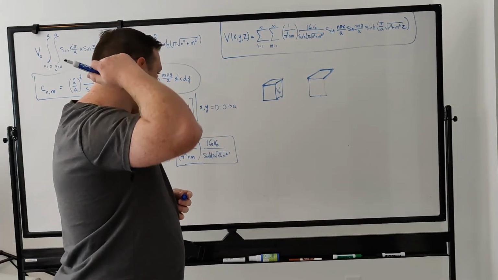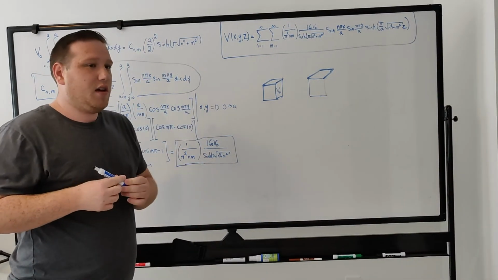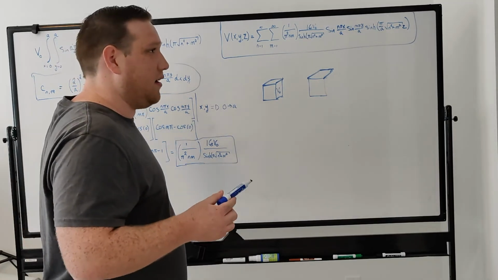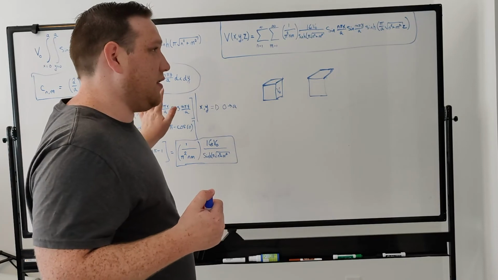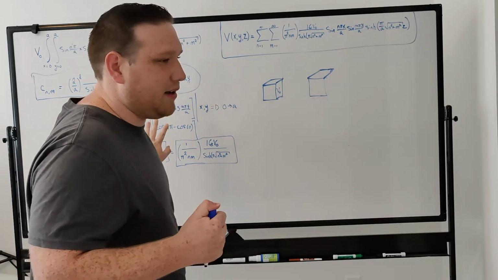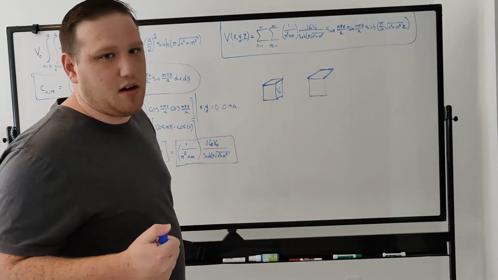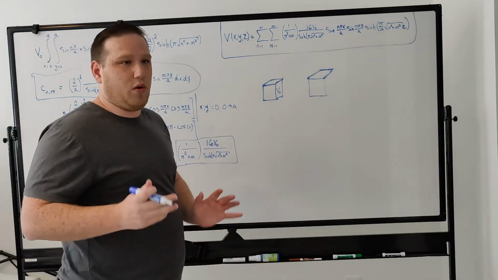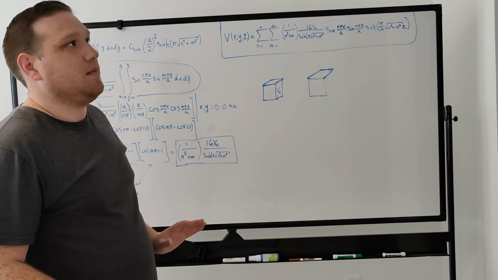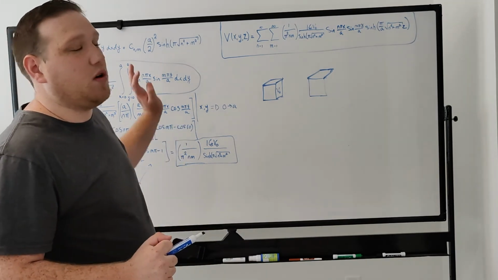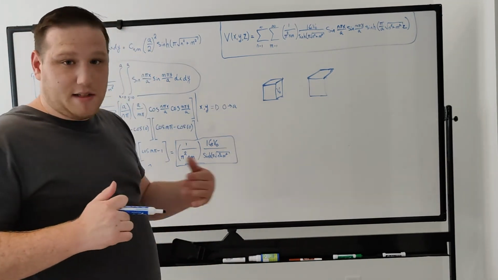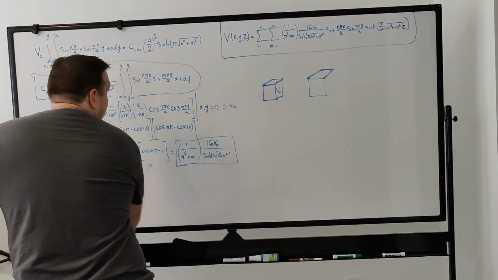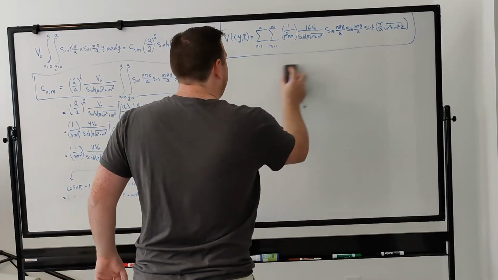However, in our case, where we just have a single side at V naught, then we could argue that the potential at our center is just 1/6 of that. So if the potential at the center of a cube where all the faces are V naught is V naught, then the potential at the center of a cube where just one of the faces is V naught is just 1/6 of that potential. So anyways, that's the conceptual argument to be made.